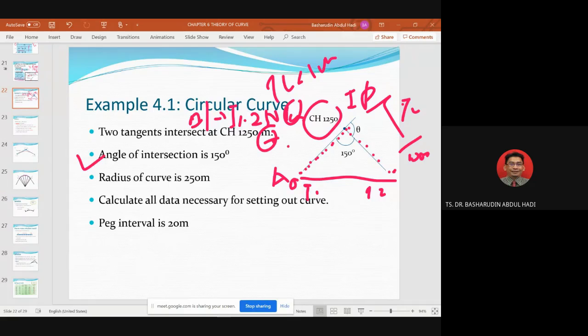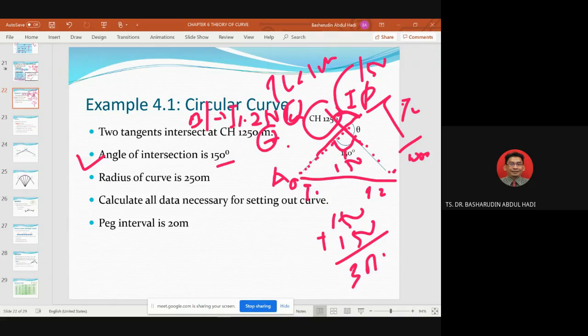So the angle of intersection is 150 degree. If this one is 150 degree, you can see the relationship like this, this one also 150 degree. Plus 150 with 150, you get 300, right?